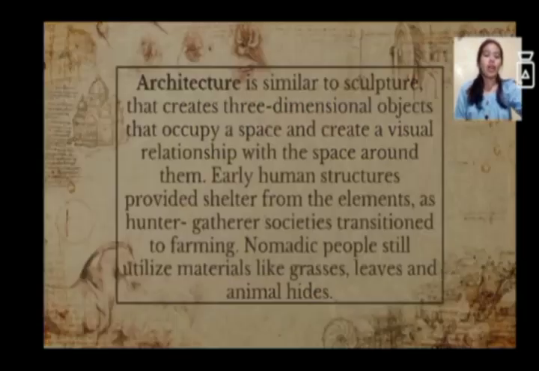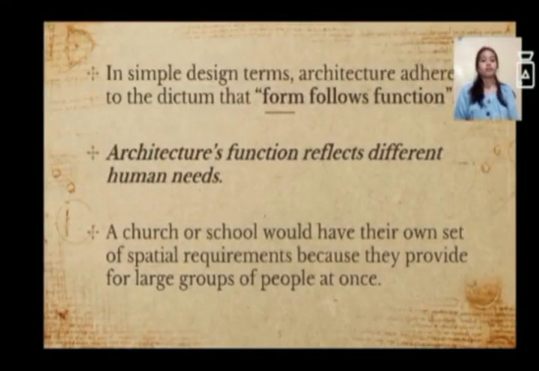Next, in simple design terms, architecture adheres to the dictum that form follows function, because architecture's function is to reflect different human needs. For example, the basic example of this is the warehouses. Warehouses take the shape of large squares or rectangles.